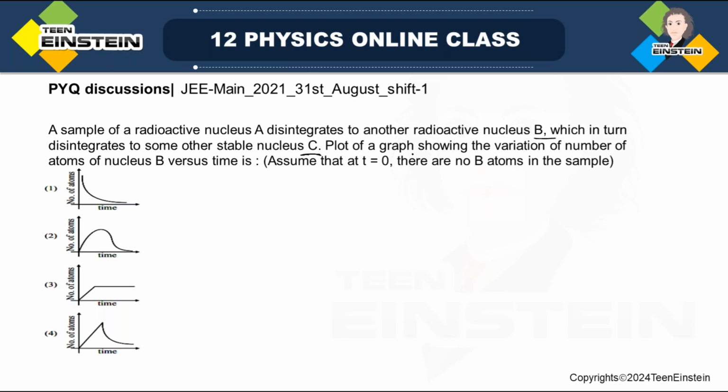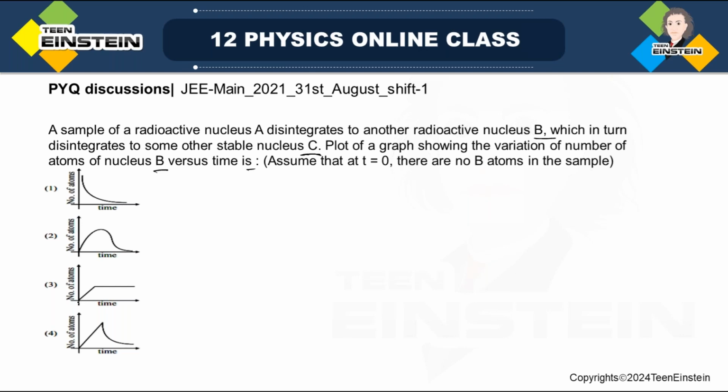Plot a graph showing the variation of the number of atoms of nucleus B versus time. You can see these are exponential-type graphs. In the initial part it is increasing, then decreasing.